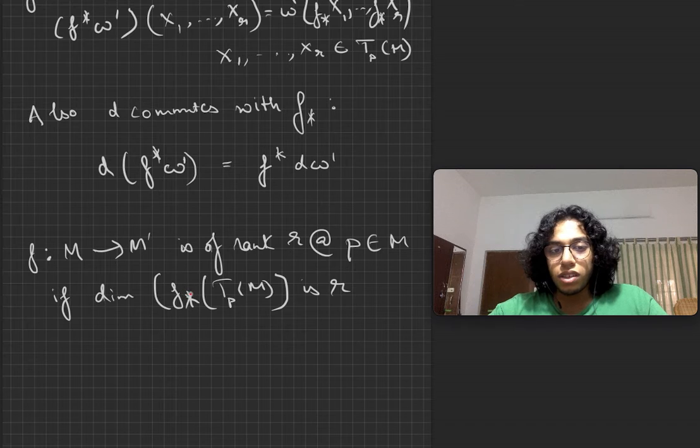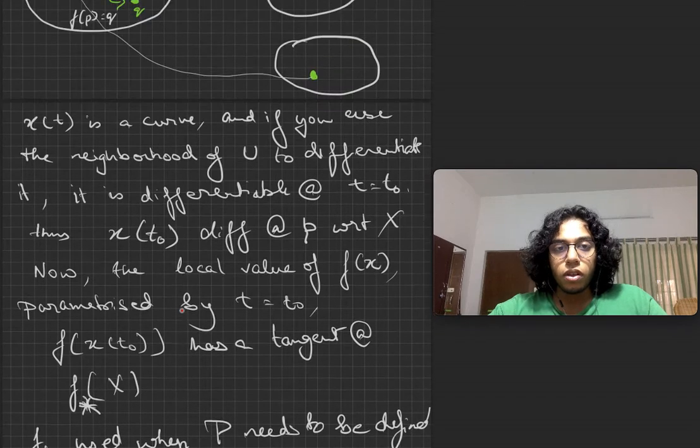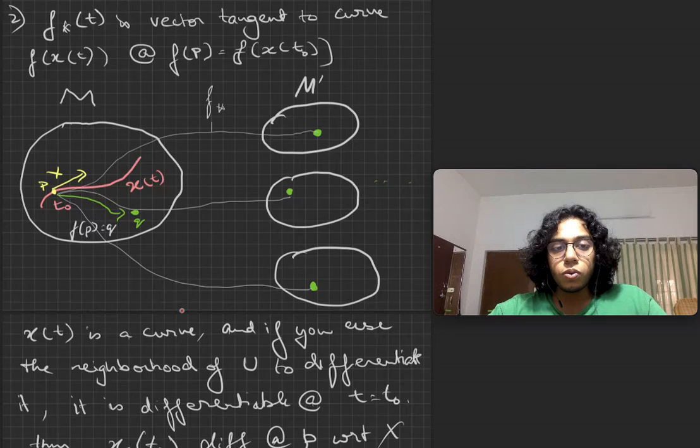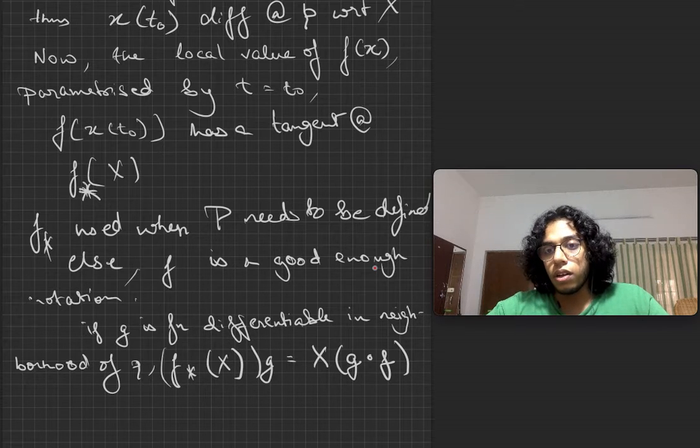So this is really local, so let me go back here. I think this wasn't clarified. You only need to use f star when you need to define P. If your f is general, or is the same for all P, then you use just f.